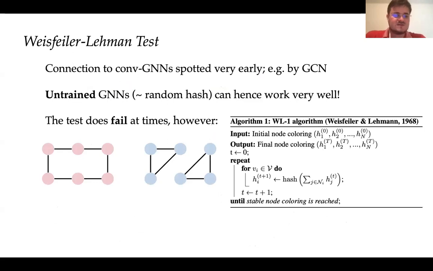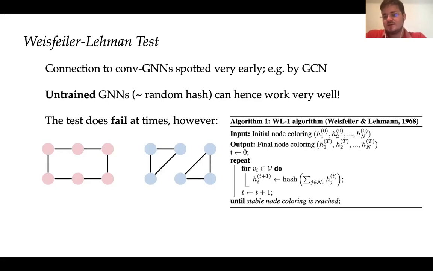And it also gives a pretty good justification for why, and this is very unique to graph representation learning, I think, untrained graph neural networks can work really well and be a super strong baseline, because untrained graph neural networks already correspond to passing random hashes along the graph, because in principle, the weights of the neural network are sampled at random.